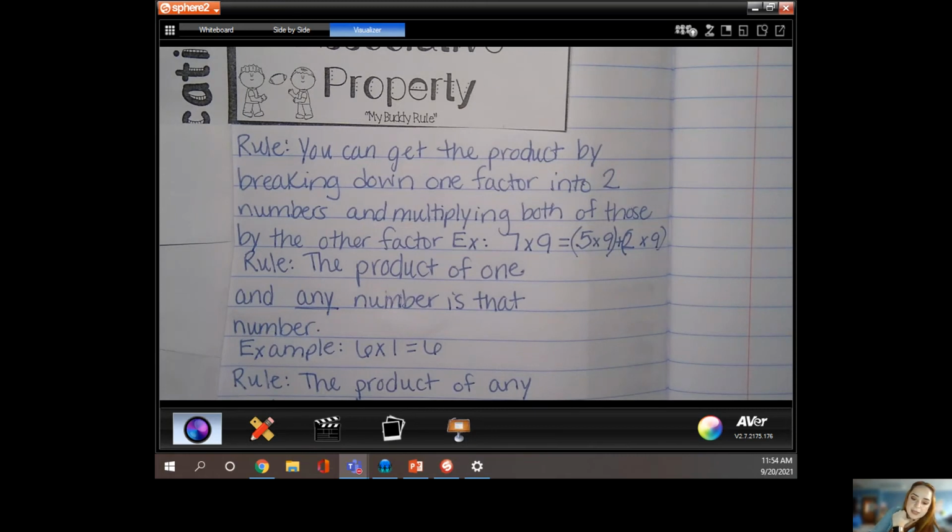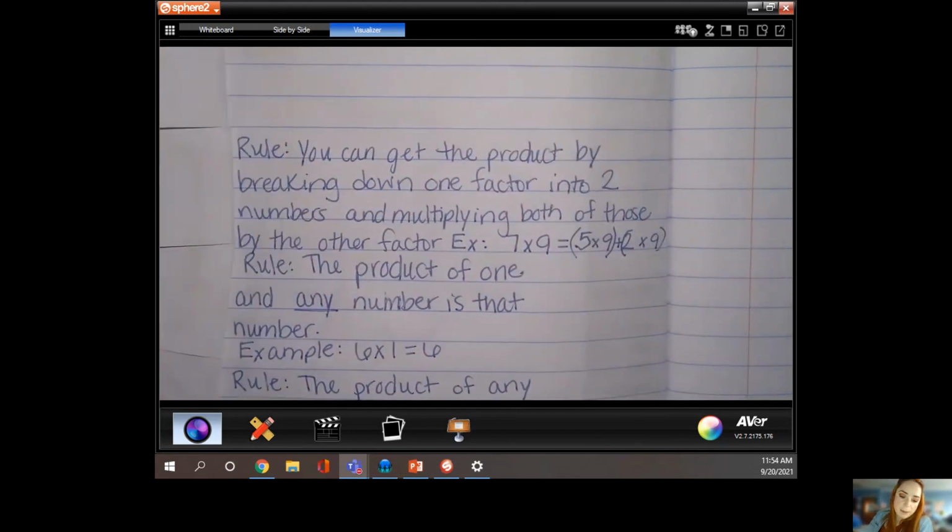Now, does anybody know the associative property? All right, so the associative property is very similar to the commutative property. The only difference is that it's talking about you can change the order of grouping. So basically it's the commutative property, but if you have parentheses in it.